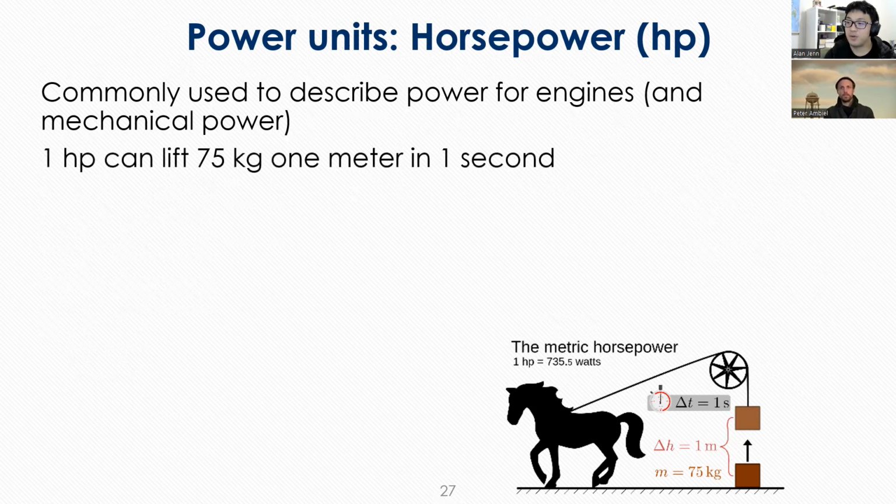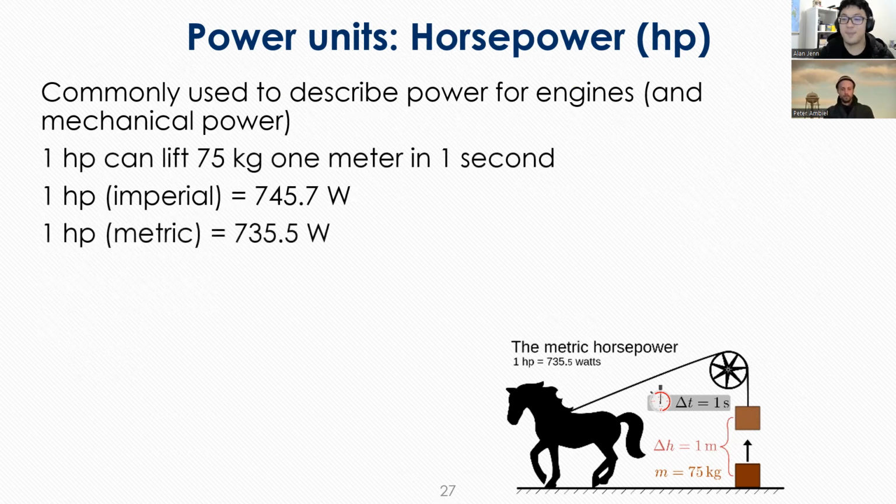So thinking about watts, it does get, unfortunately, a little bit confusing. There is actually an imperial horsepower and a metric horsepower, which are ever so slightly different. So 745 watts versus 735 watts.